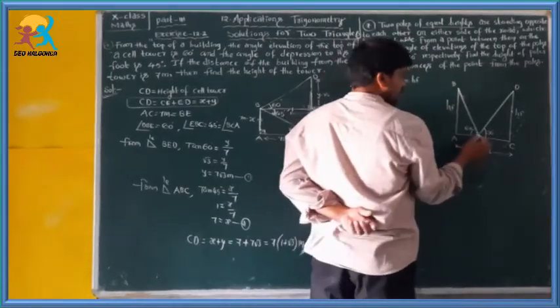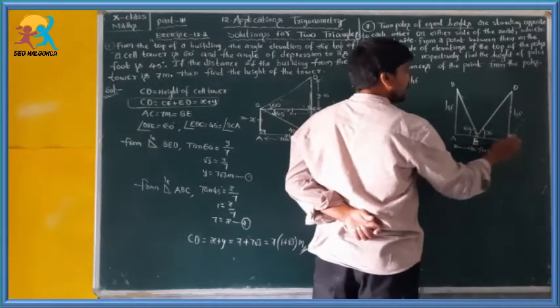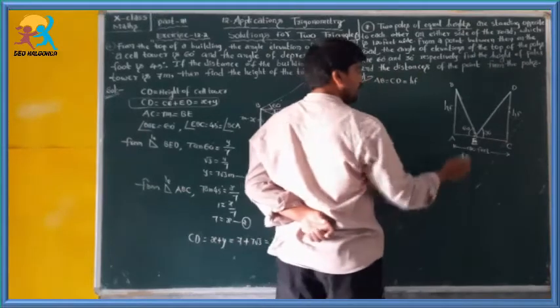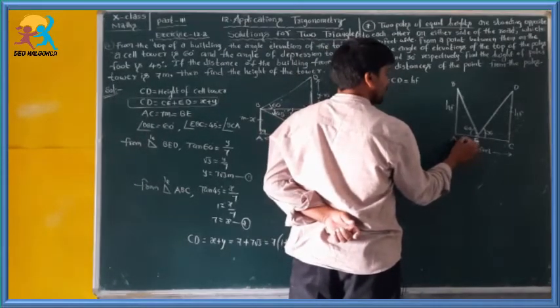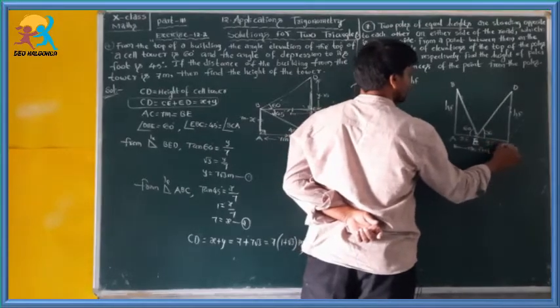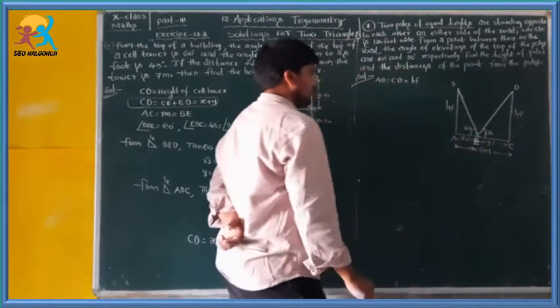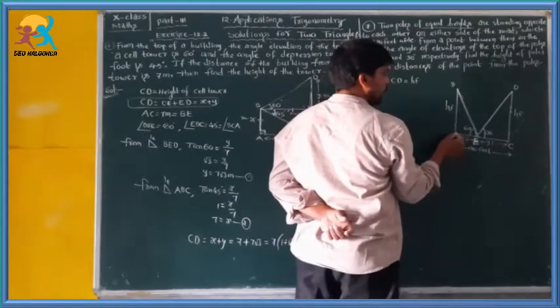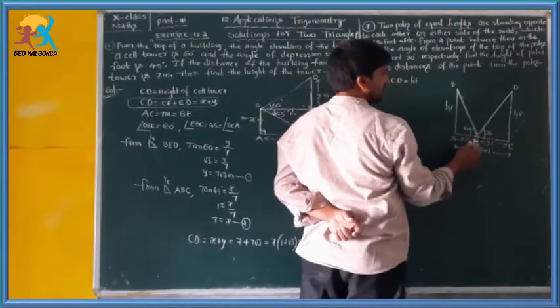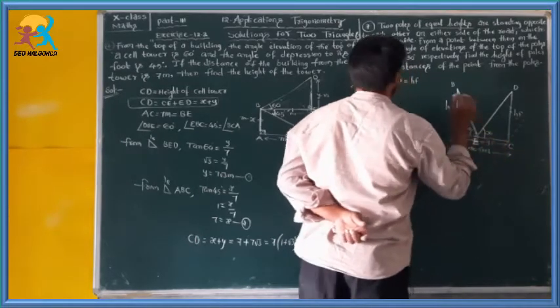The distance of the point E from pole AB is X feet, and from pole CD is Y feet.